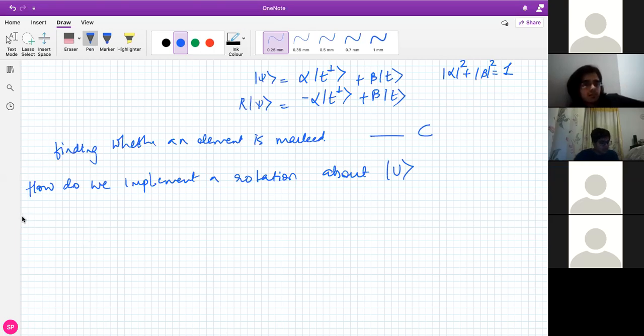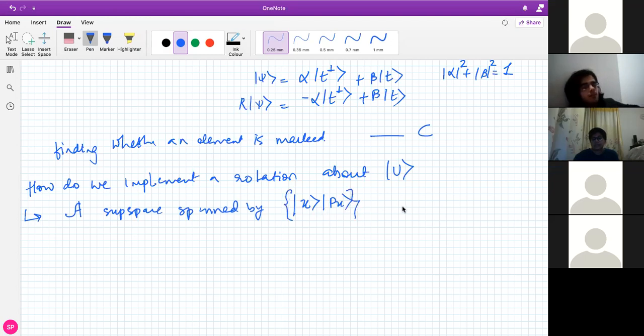Now, we'll have to digress a bit. Okay? Now imagine this is a subspace spanned by the vectors x and p_x, where x are all vertices, okay?